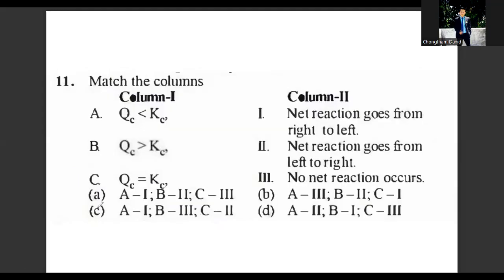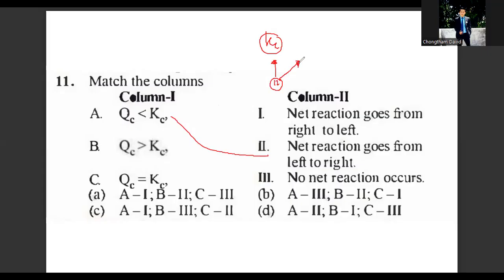Let us match the column for question number 11. Qc less than Kc. Qc greater than Kc, sorry. So A would be linked with no reaction would take place. No, this is not. Reaction goes to the right. Okay. Just imagine this Kc is just like the hour hand. Whenever it is in the 12 o'clock position, it is equilibrium.